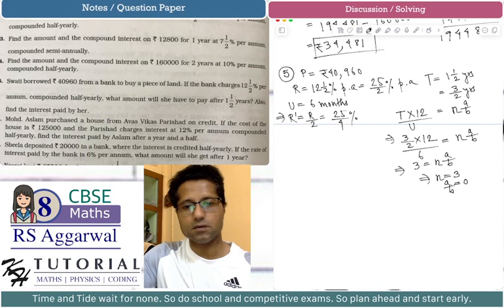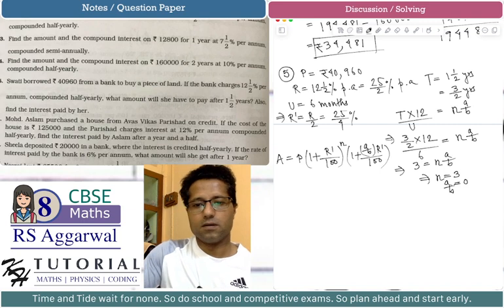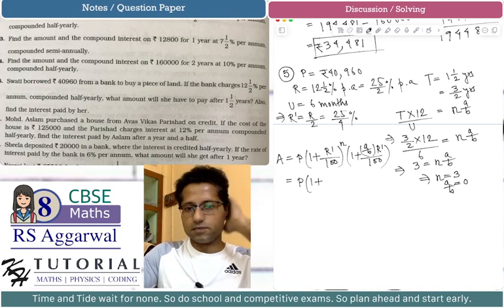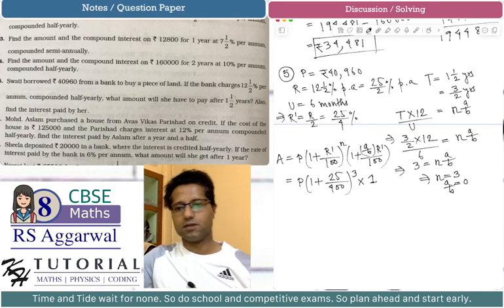Okay. Now the amount is equal to p multiplied by 1 plus r dash by 100 to the power n. This is the general formula. Now, after substituting the value of r dash, n and the fraction a by b: r dash is 25 by 4, so 25 by 400 to the power n is 3, and this becomes 1 because the fraction a by b is equal to 0.